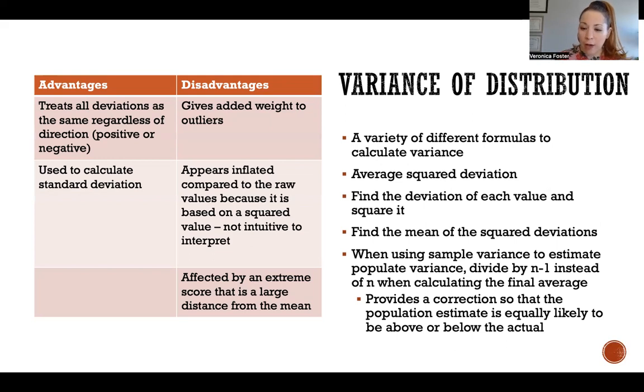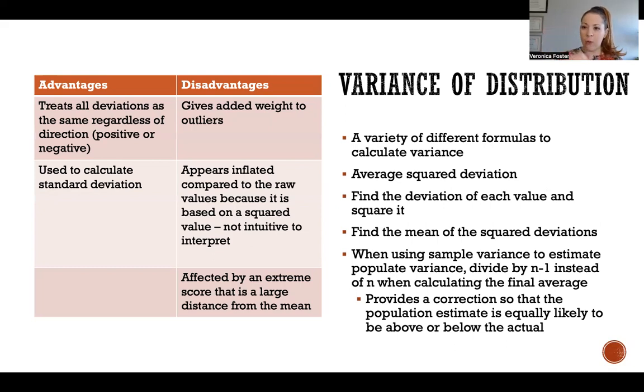And so to do that, we subtract 1 when we're actually doing the math. So like if you have 5 data points, n is just 5. So normally to find the average, we're just dividing by 5. But what we're saying here is that when we're using a sample to estimate the population, then we would use n-1.